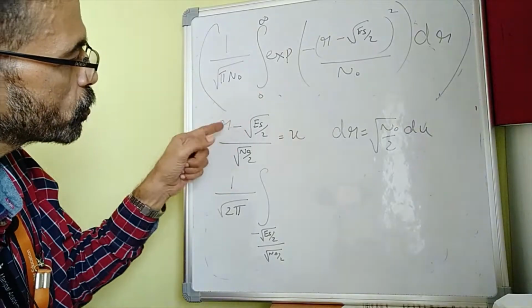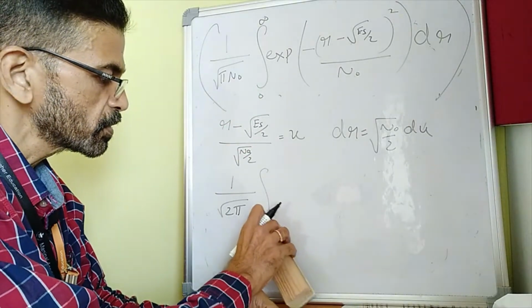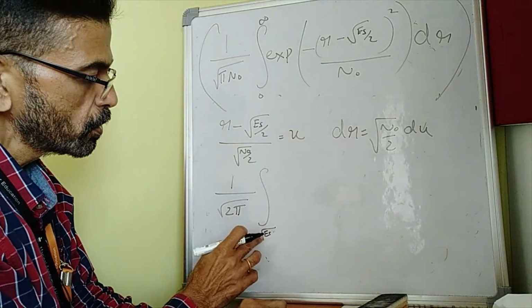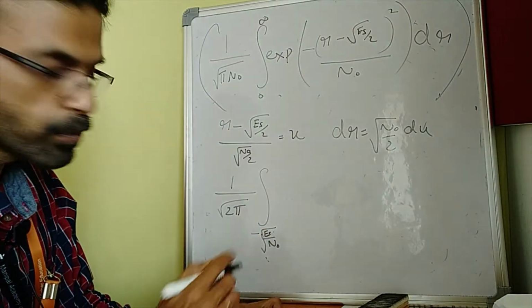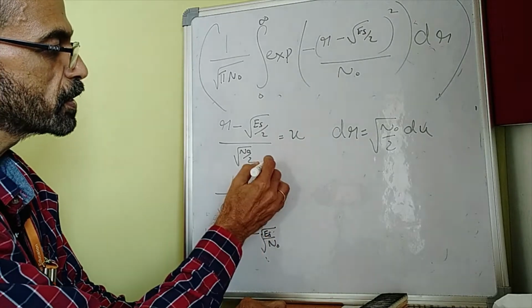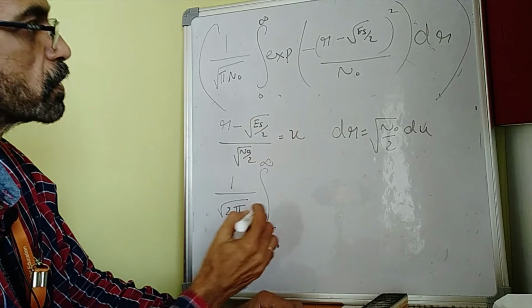So when you put r0, you get minus root Es by 2 root N0 by 2, which is the same as minus root Es by N0, the whole Es by N naught under root with a negative sign. And of course the upper limit remains as infinity, because if you make this infinity, u is infinity.